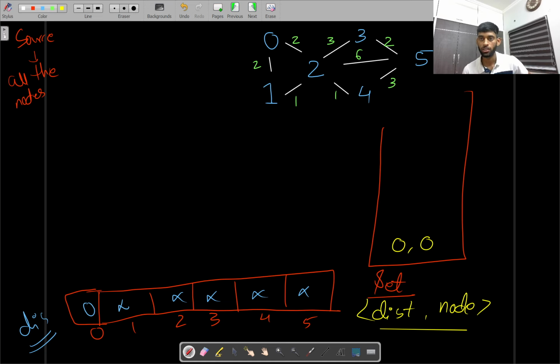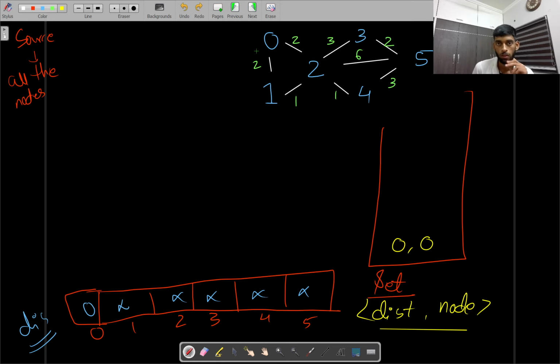Because the set data structure stores only unique values in sorted form, and it is relatively easier. You will understand why. So initially we will be inserting 0, 0 in the set.